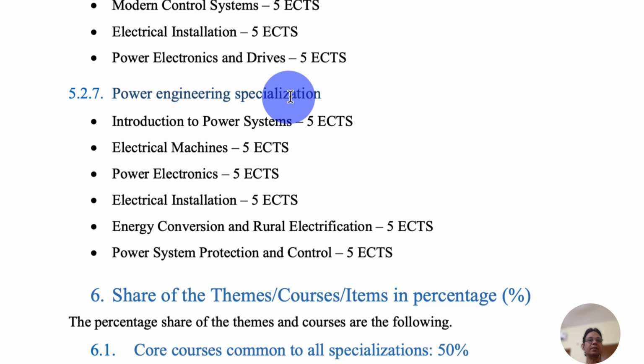Power engineering specialization covers power systems, electrical machines, power electronics, electrical installations, energy conversion and rural electrification, and power system protection and control. So these are the subjects especially for power engineering students.